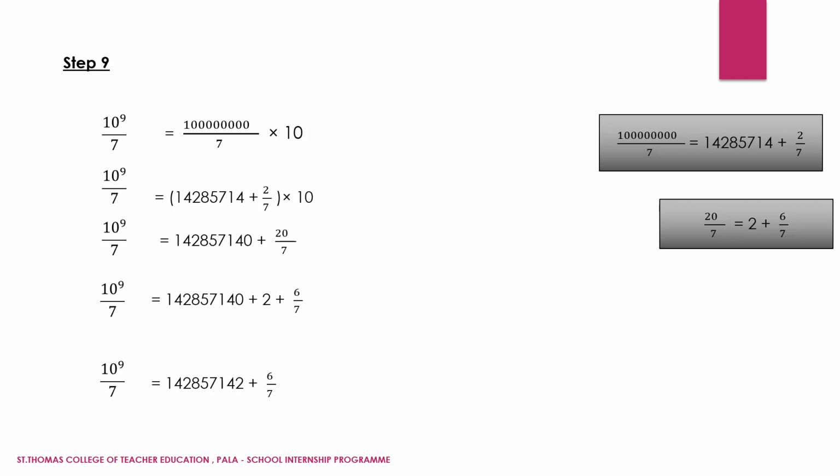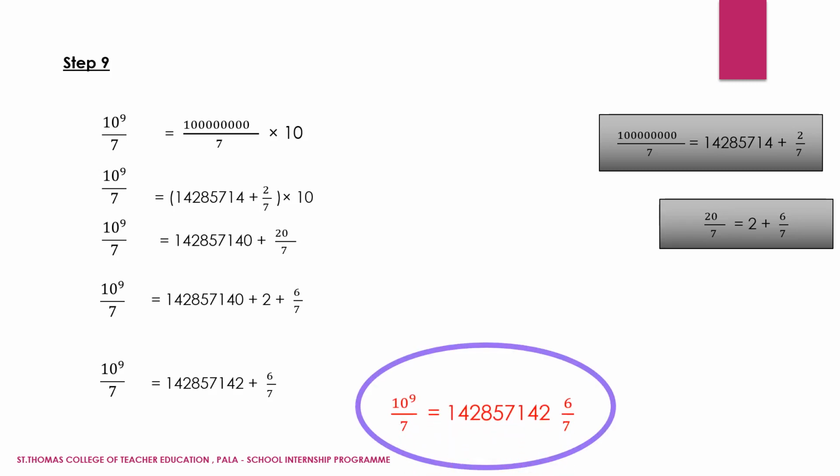On adding we get an answer like this and we can represent 10 raised to 9 by 7 as 14,28,57,142 6 by 7. The number is getting larger and larger. You observe these numbers very carefully and tell me some relations.